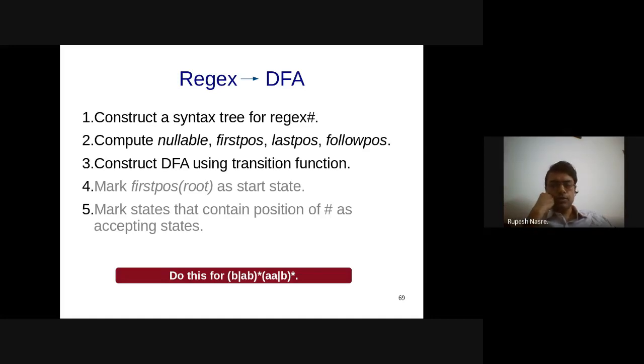Okay, so let's assume that this is the case: 1, 2, 4, 6, sharp, I mean, let's call it 7, and 1, 3, 5, 6, 7. With this, can we now compute the follow pause? So for the star node and the cat node, we have to compute the follow pause.